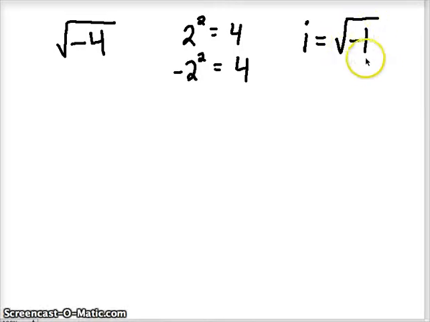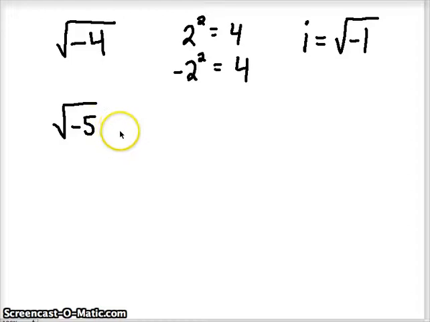If we can break something down or factor it down so that we get -1 under a radical, then we can take i out of the radical. So let's see if we can do that here. If we have the square root of -5, we'll come back to this example in a sec.